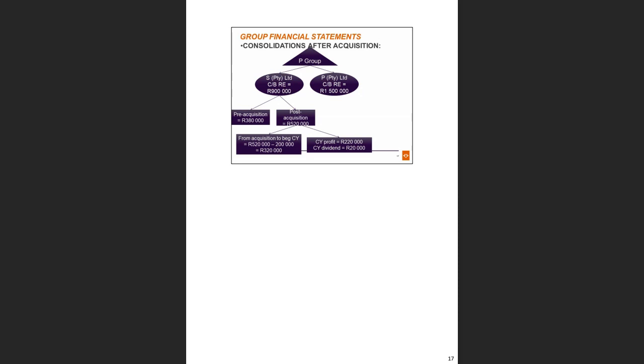But now remember, this post-acquisition is from the date of the 1st of January 2011 to 31 December 2013. So do you agree this post-acquisition amount of 520,000 consists of almost 3 years' worth of profits. We now want to split this post-acquisition amount into the current year profits, or the retained earnings that relate to the current year, and that which is from 1st of January 2011 to the beginning of the current year.